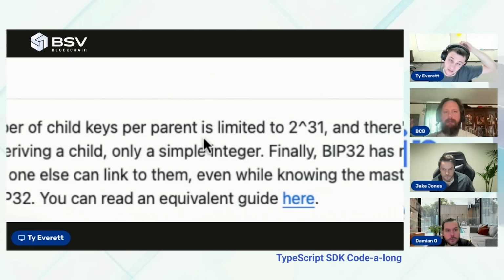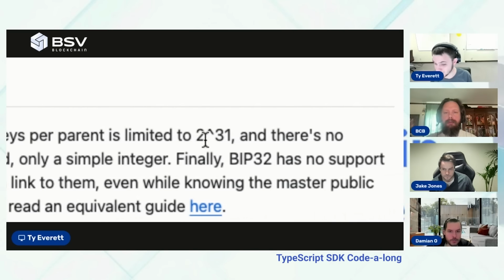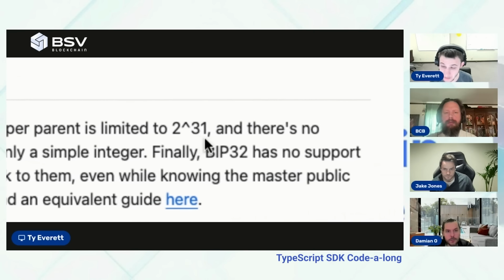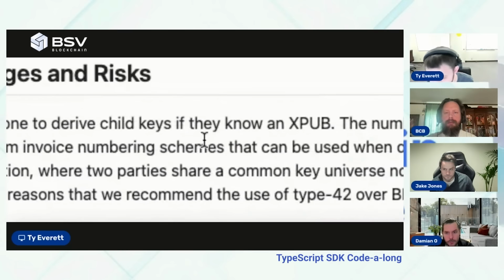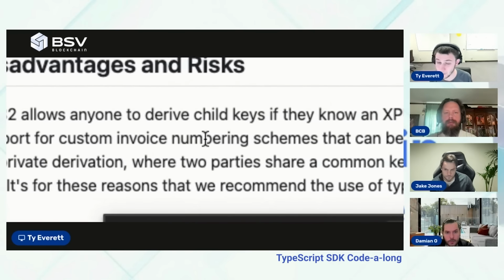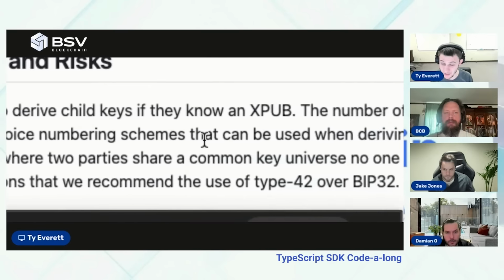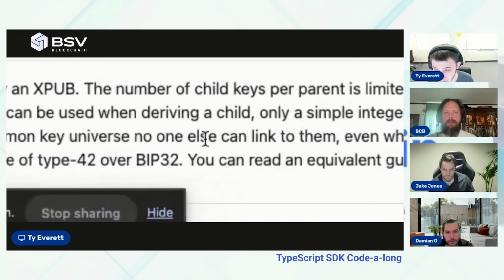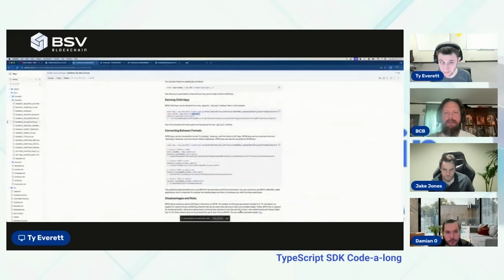The number of child keys is limited to only about 2 billion. So that's a large number, but when you're dealing with many different people, it's hard to split that up. So there's no real way to have custom invoice numbers or numbering schemes, things like that. But yes, it does support it.